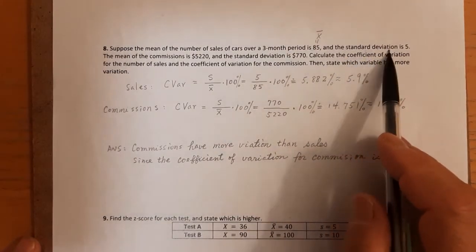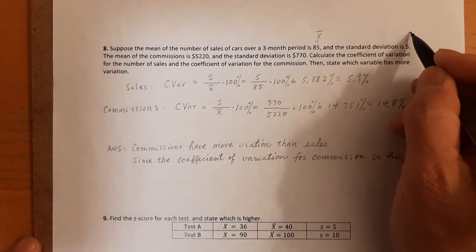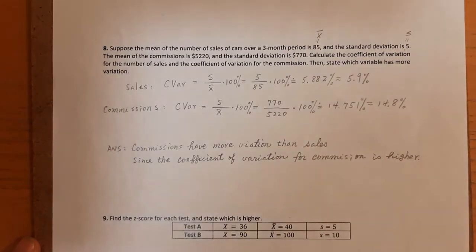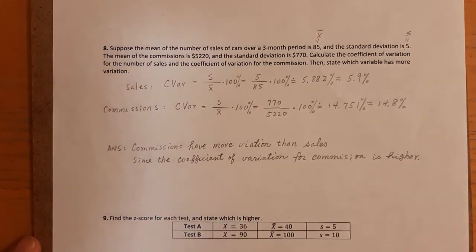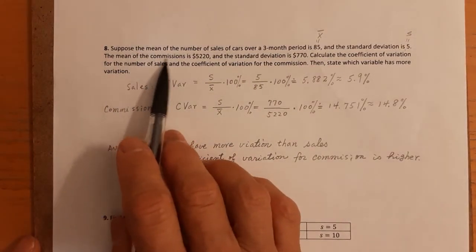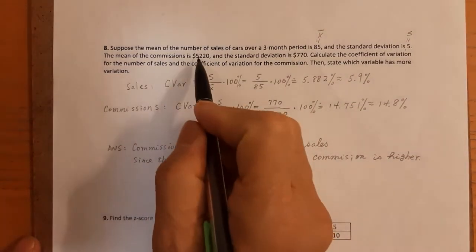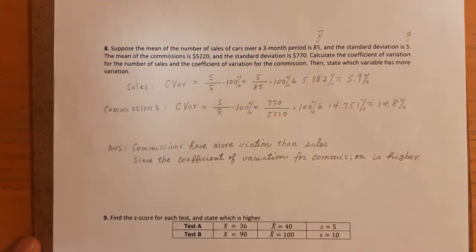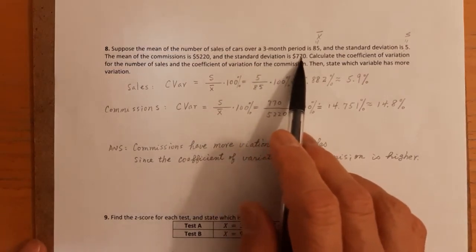And the standard deviation is 5. So this is s, which is 5, for the car sales. The mean of the salesperson commission, this is also x bar, and the standard deviation, this is s, is 770.